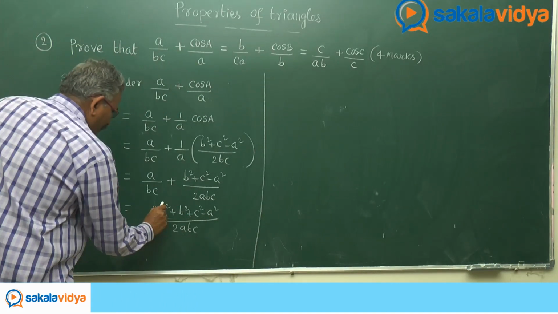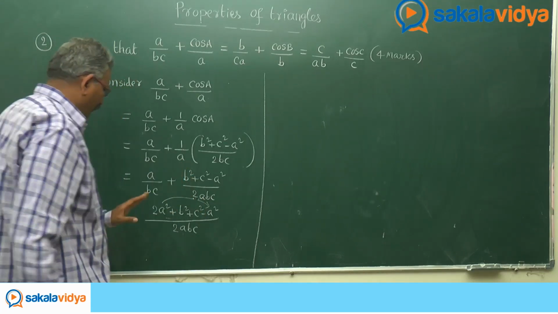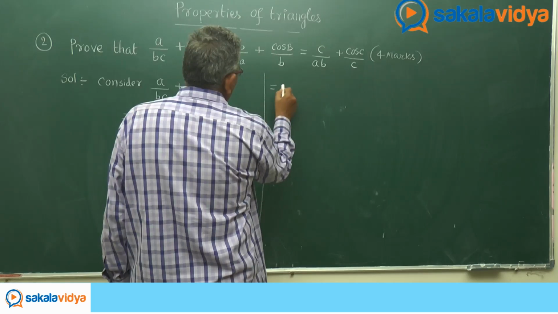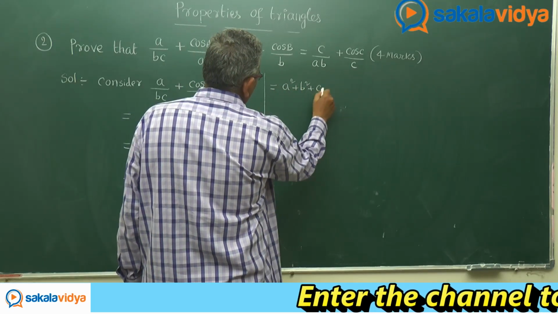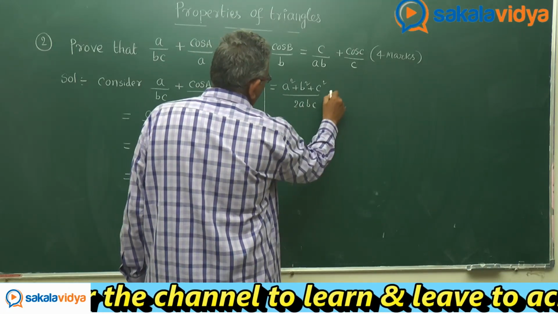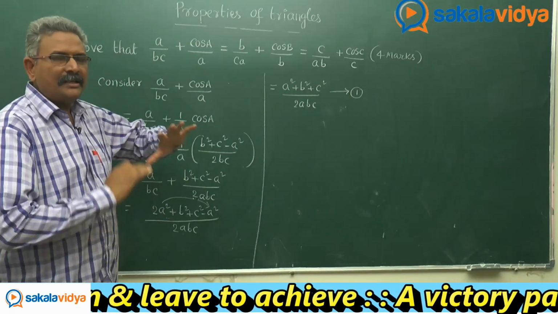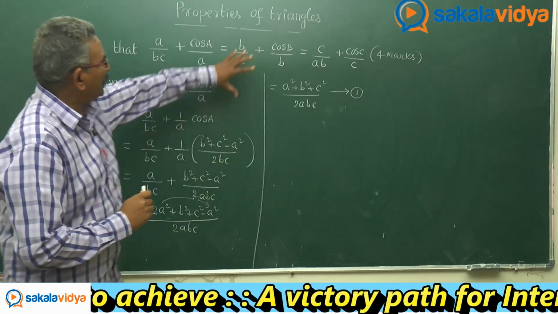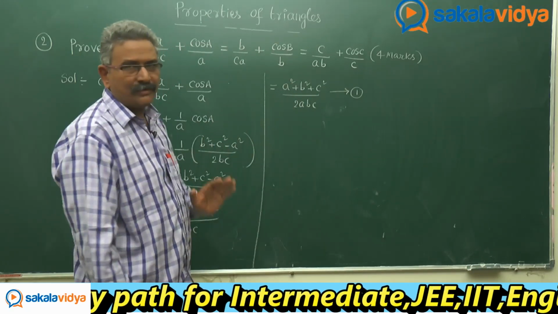So now we get (a² + b² + c²)/2abc. Say this is equation 1. In a similar way we have to prove the second one also.